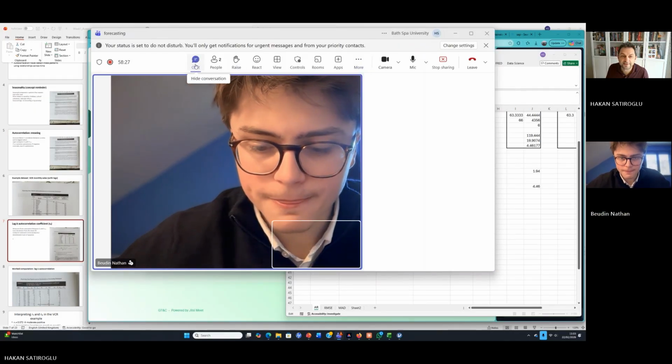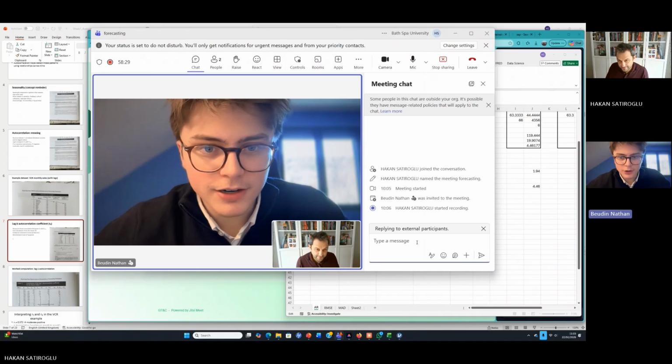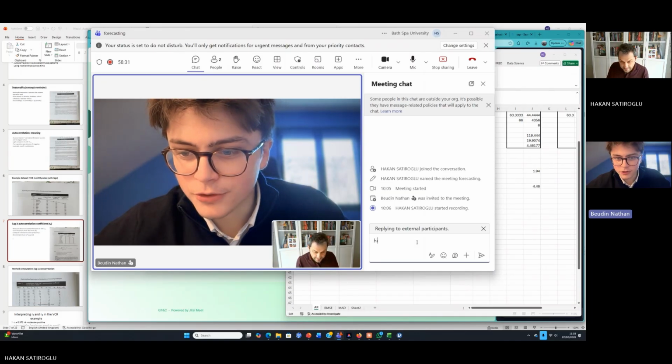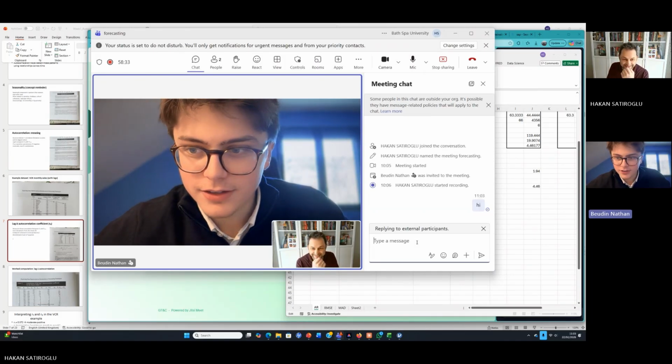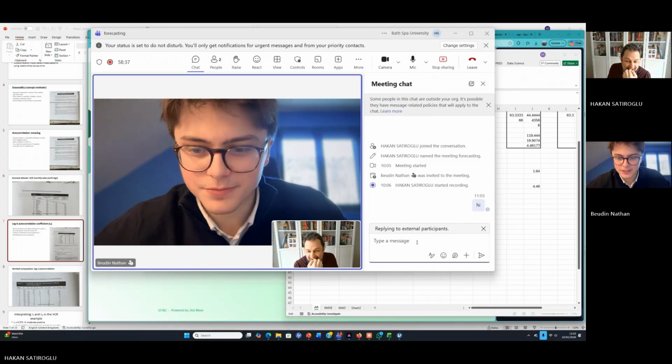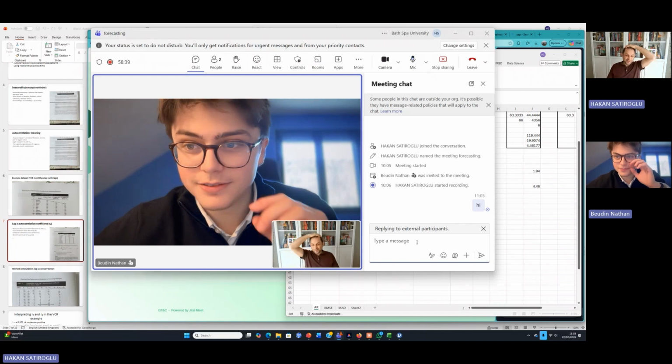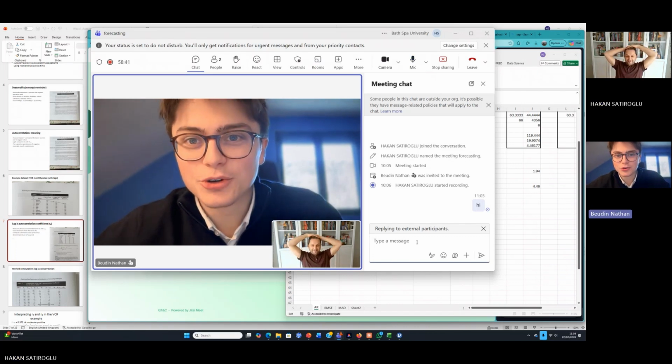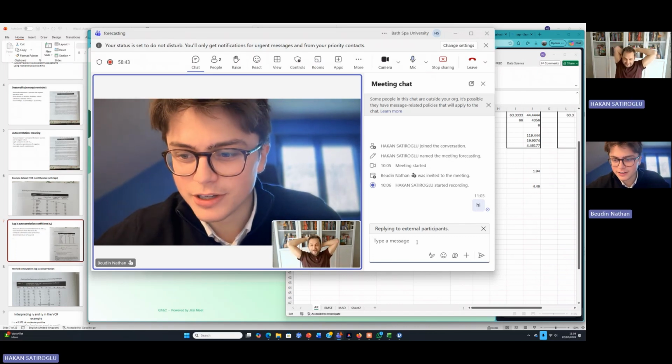I wish I had not broken my OpenClaw. Otherwise, it could help us a lot. Oh, it was going to help us now? It could have, yeah. You can integrate it inside of Teams directly.